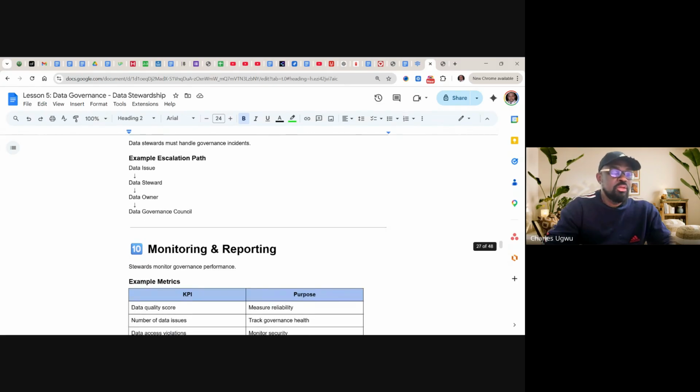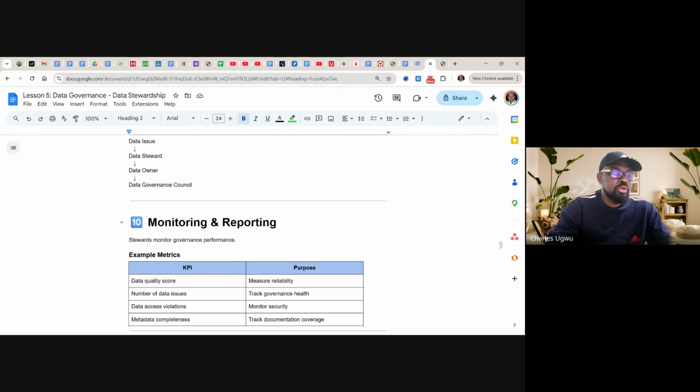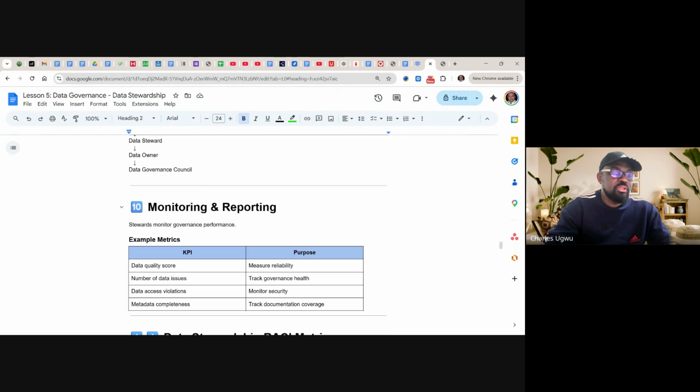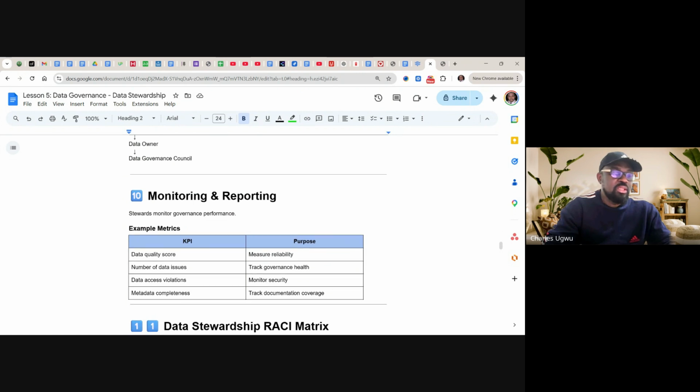And then monitoring and reporting. Under monitoring and reporting, we report through metrics. So KPI, we are monitoring the data quality score. The purpose is to measure how reliable the data is.